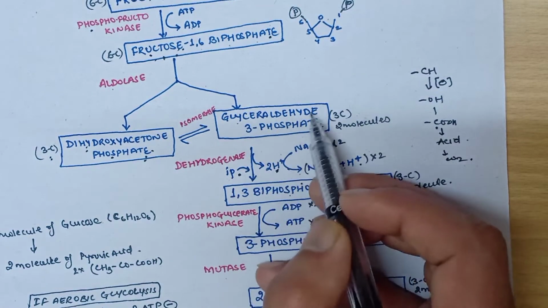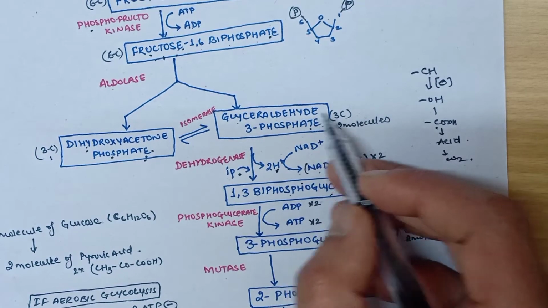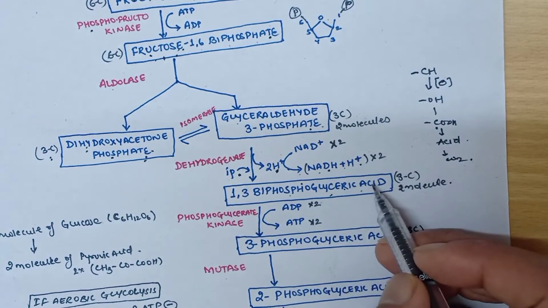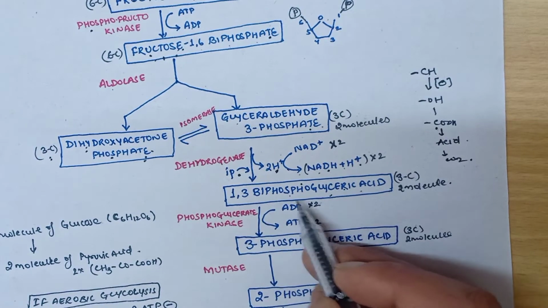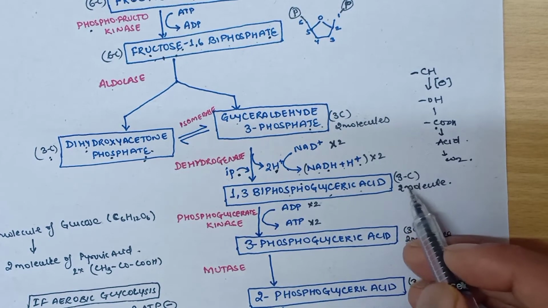So glyceraldehyde 3-phosphate is an aldehyde and this is getting oxidized into an acid, that is 1,3-biphosphoglyceric acid, which is a 3-carbon compound.